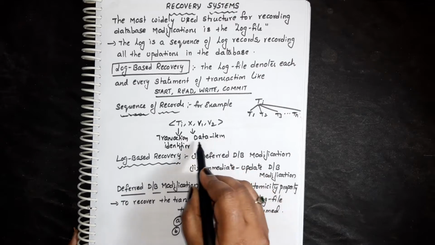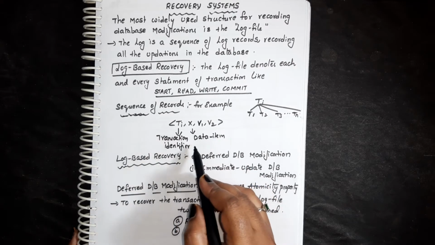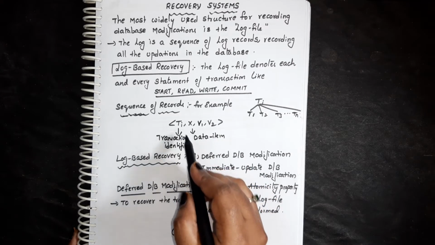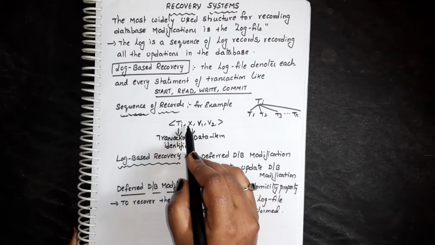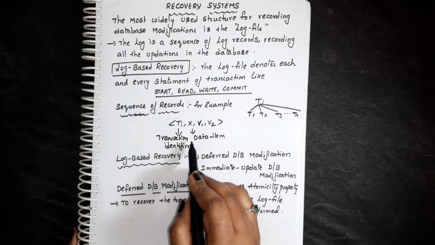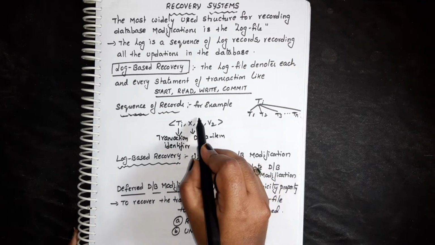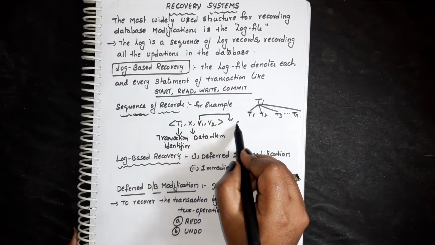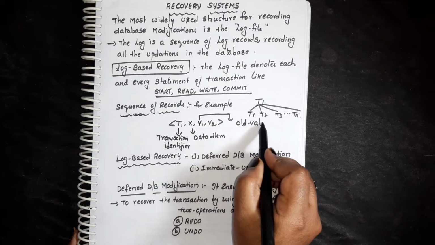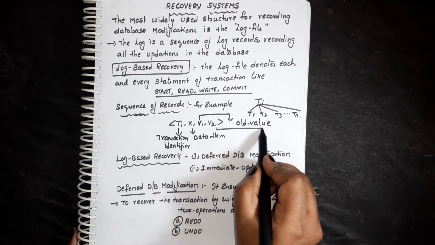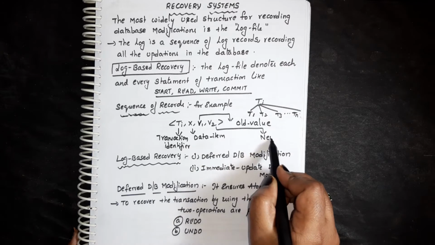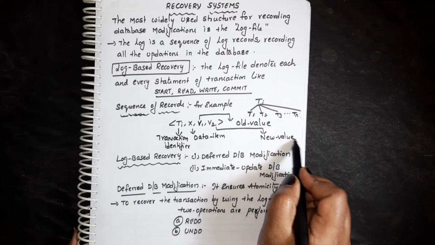So what is the data item? It is an A value or B value or X value or Q value, whatever the value may be; here we define it as X. After that comes V1 and V2. V1 is the old value or the initial value, and V2 is the new value.